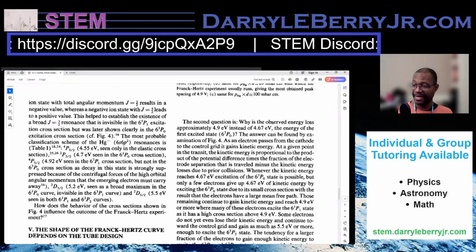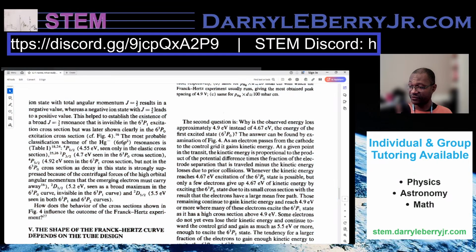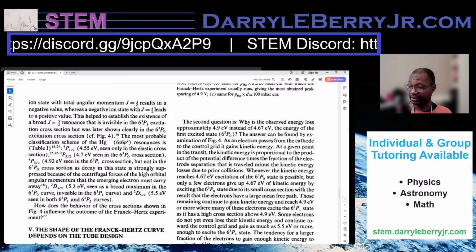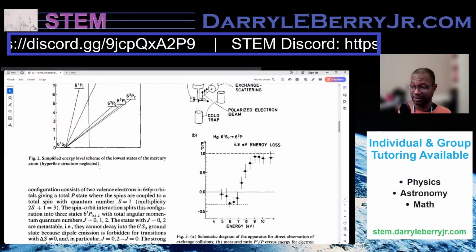The answer can be found by examination of figure 4. As an electron passes from the cathode to the control grid, it gains kinetic energy. So we're looking at figure 4 right now.